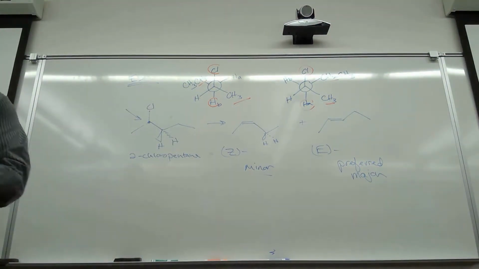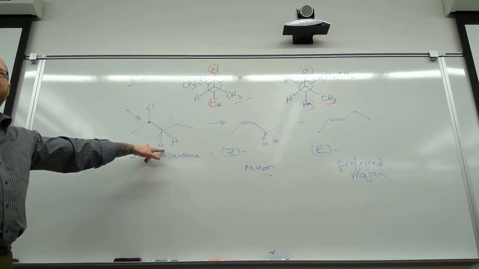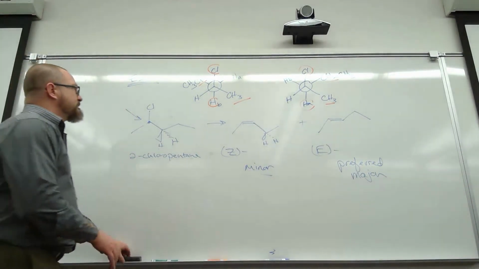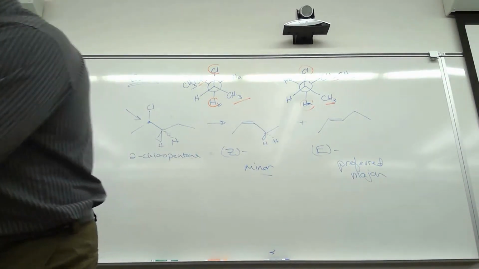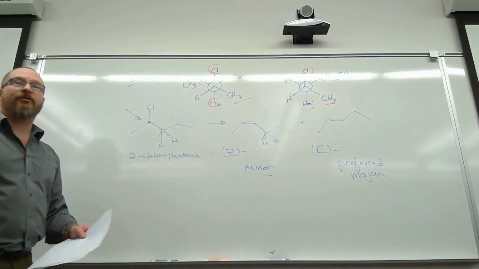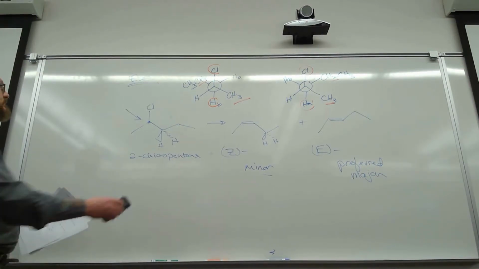So that's if we have two protons that we can take. What if we have one? That narrows our range of possibilities. It means that you really actually only have one product that you can form.